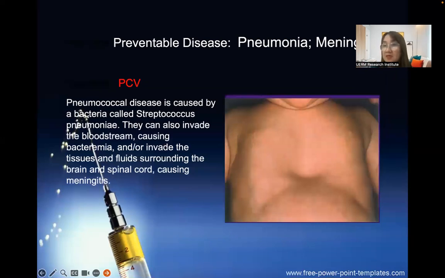So the PCV vaccine prevents pneumonia and meningitis caused by Streptococcus pneumoniae. Pneumococcal diseases such as pneumonia and meningitis are common causes of sickness and death worldwide, especially among young children under 2 years old.